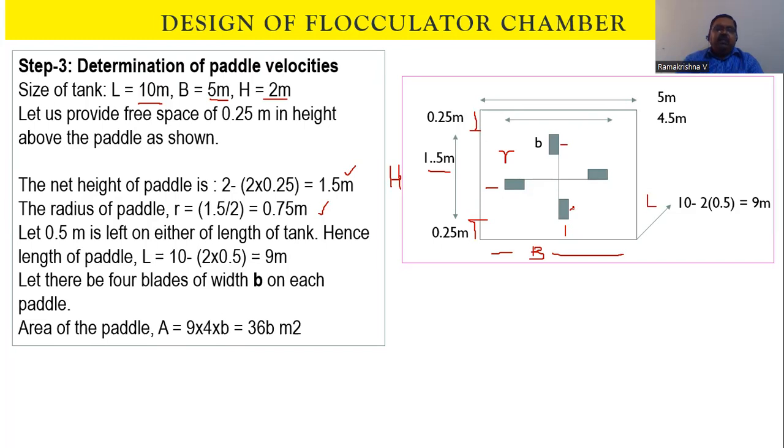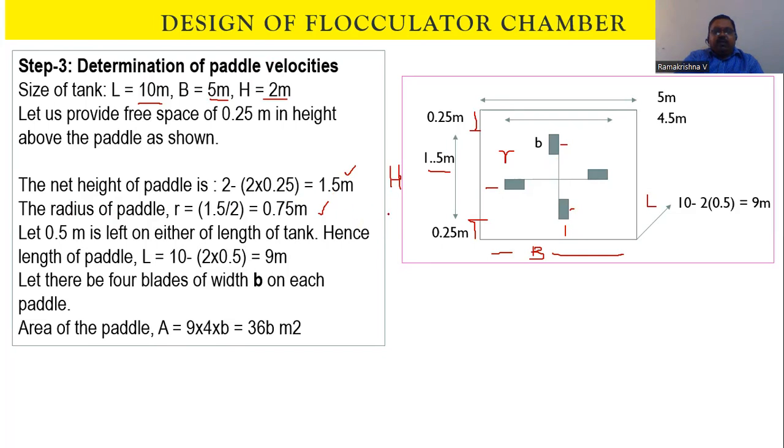Theoretically, we should go for the center to center of the blades. In this problem, I am taking edge to edge so that our calculation will become much easier, right? So in this case, 0.25 and 0.25, 0.5 meters will go over.